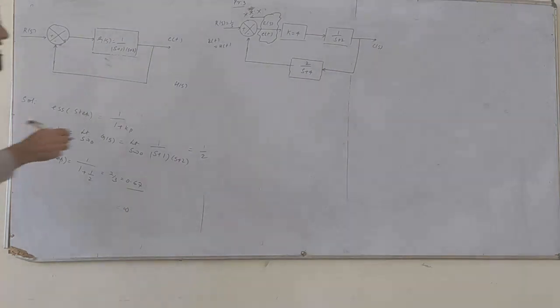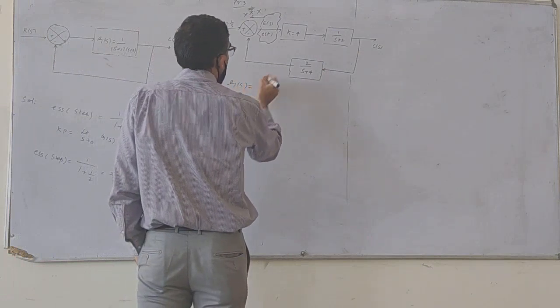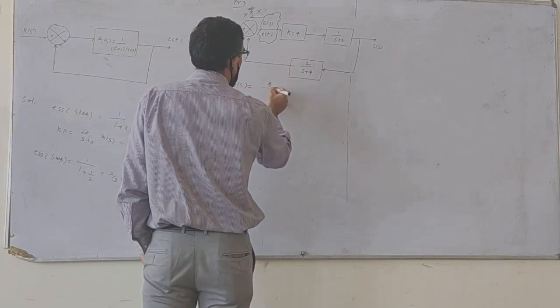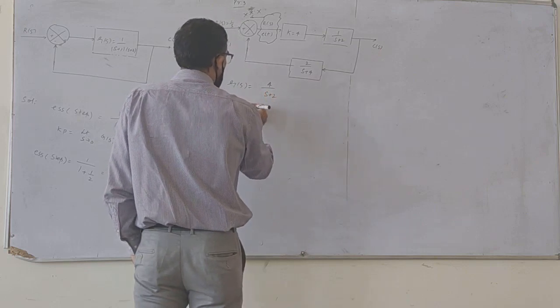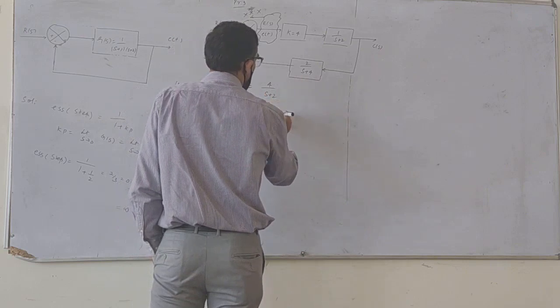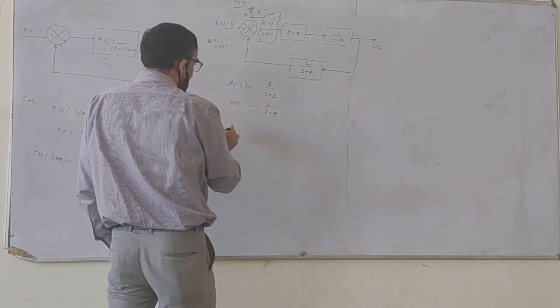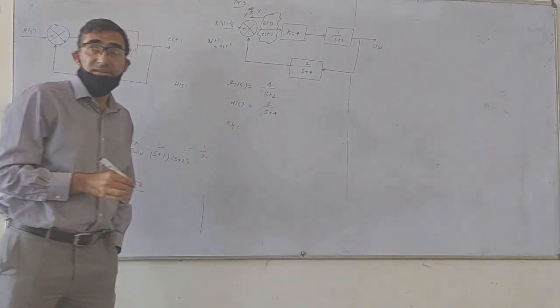Okay, what is G of s here? This is in cascade, so G of s will be 4 divided by s plus 2. What is H of s? H of s is 2 by s plus 4. So what will be k of h? That's the DC gain in this case.